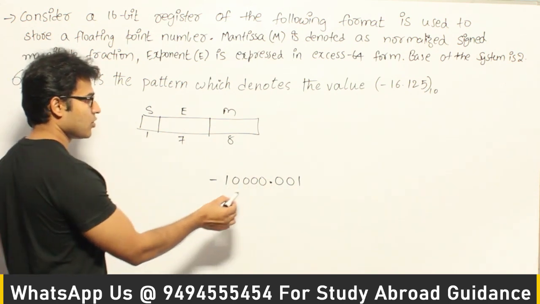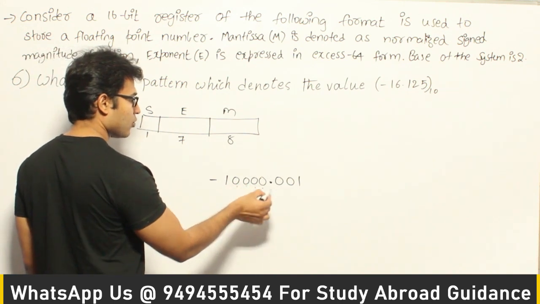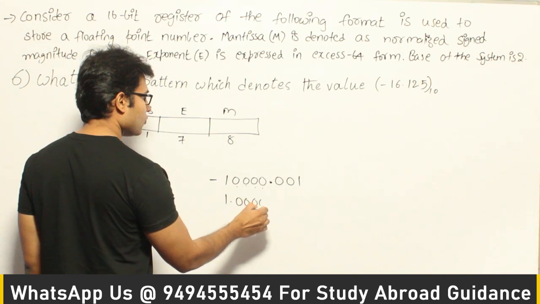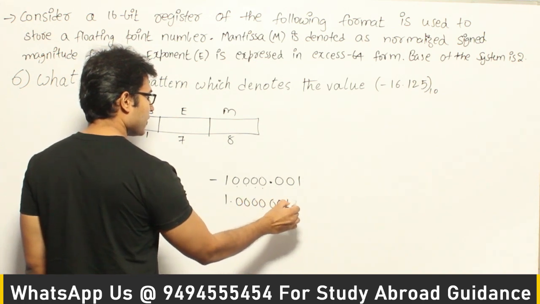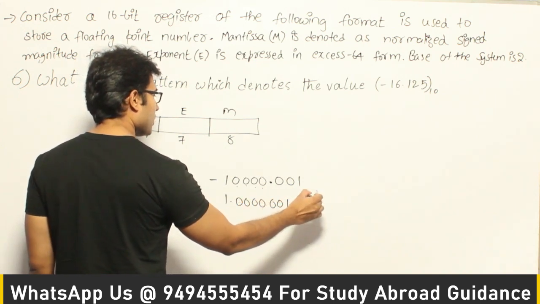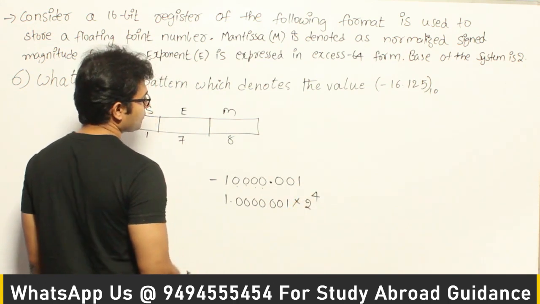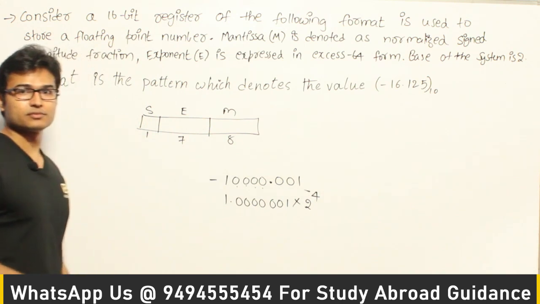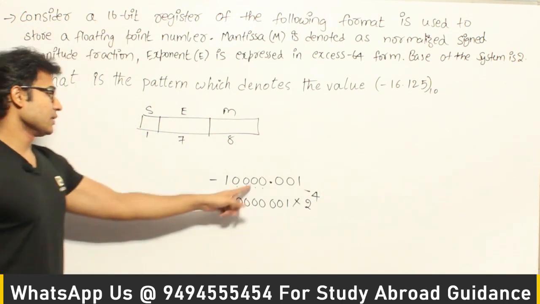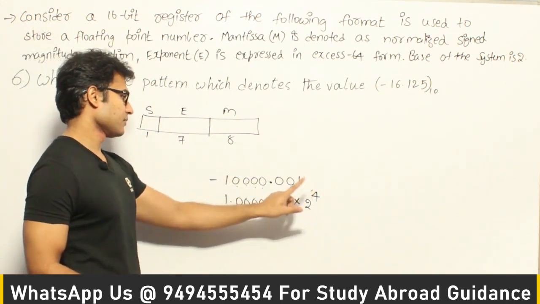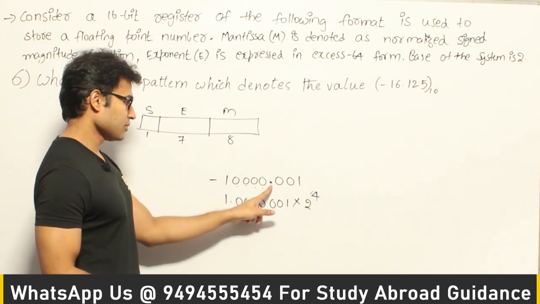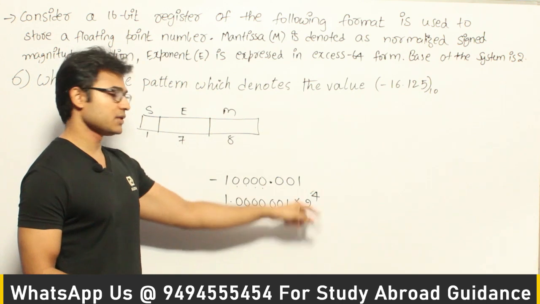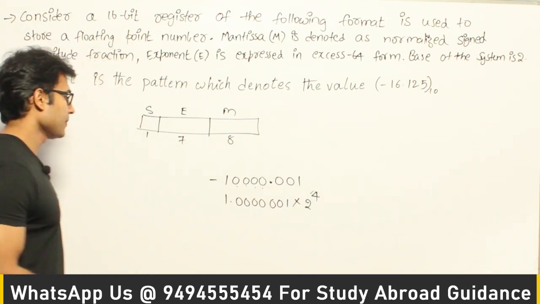So I want to move it 1, 2, 3, 4 places. So 1.0000001 into 2 power 4. When I move the decimal point to the left, I am actually decreasing the value, therefore I am supposed to increase it, so it is 2 power 4, okay?